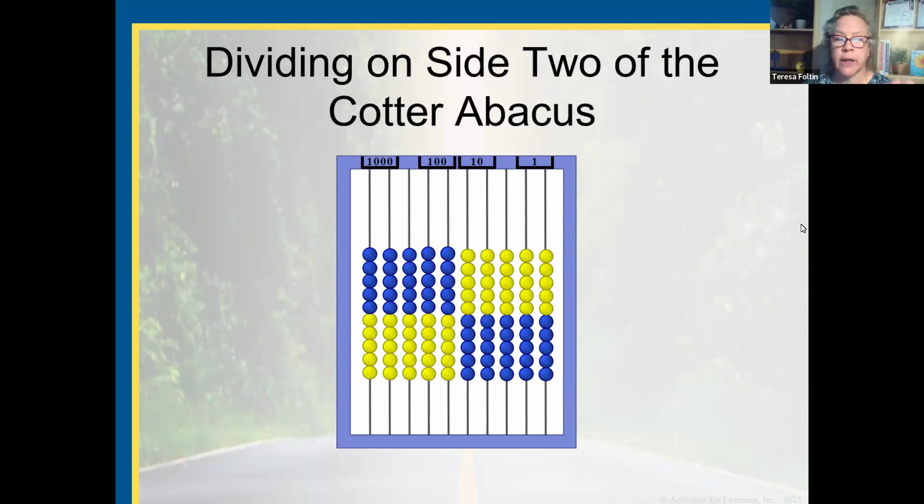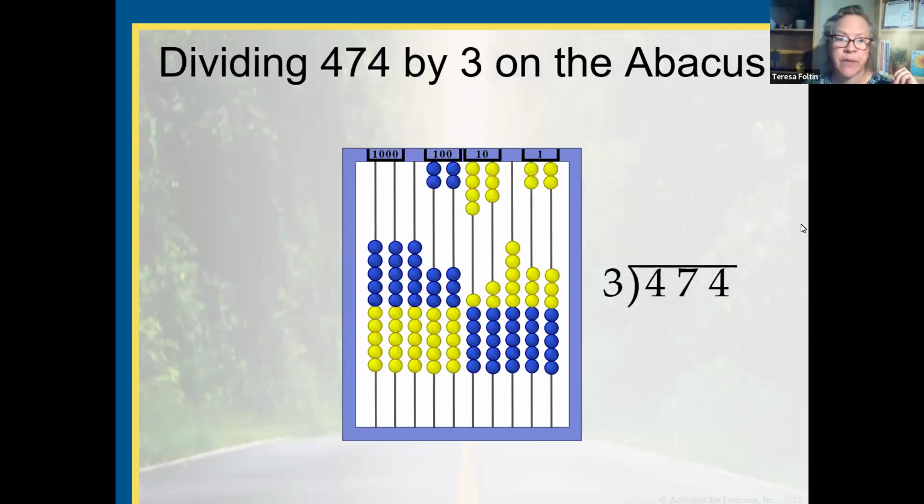Okay. So first, in order to use this for division, we're going to move the beads up so you can see that they're not sitting on the bottom bar. They're moved up part way. That's important. And the problem that we're going to deal with is 474 divided by 3. So notice that I've entered the beads that represent that number 474, right? So if you watched Rachel's program yesterday, she talked about how to use the second side of the abacus with addition.